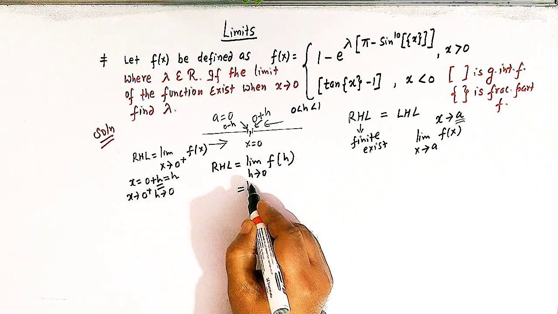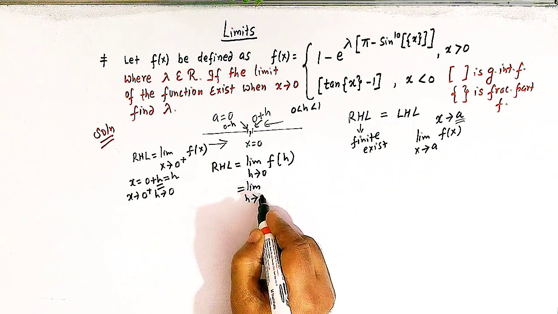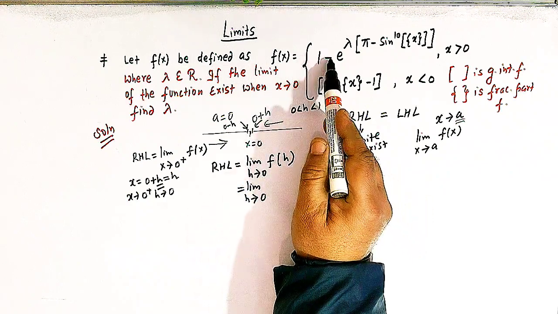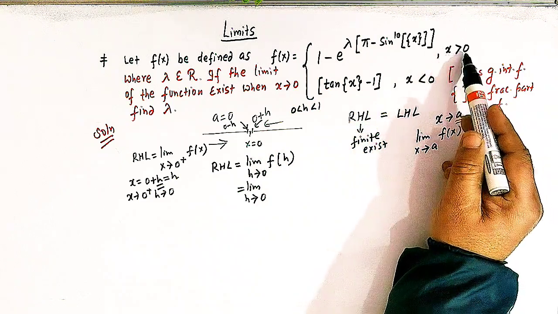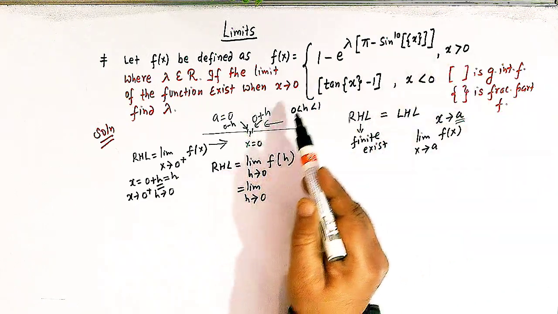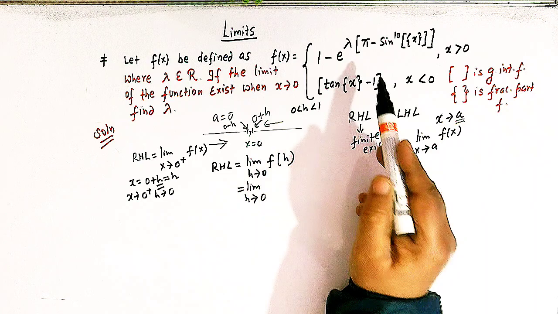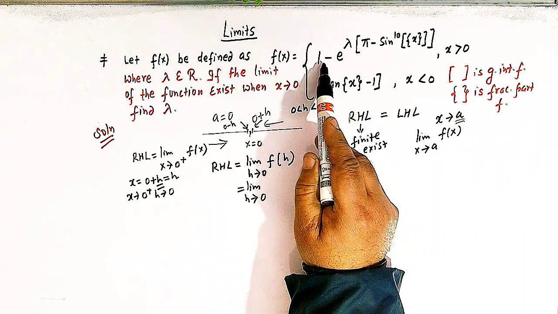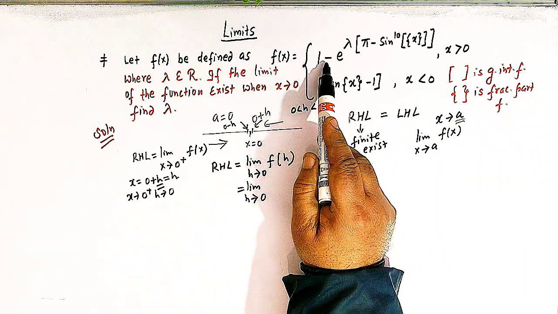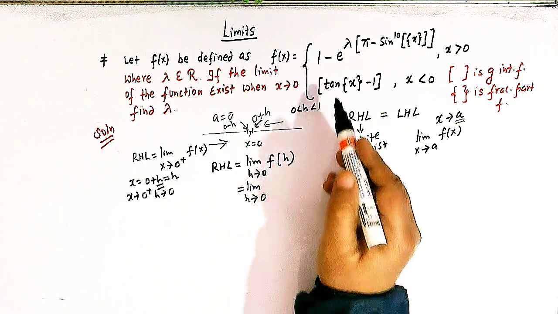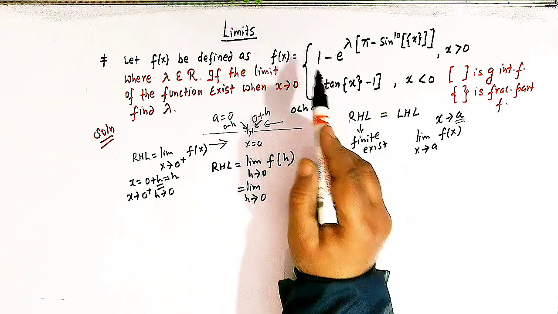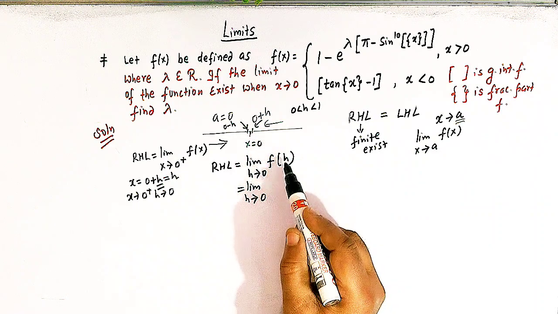Now f of h can be written with the help of this expression, because here x is greater than 0, and when we find out the right hand limit, we utilize this expression for f of x. So f of h may be written by replacing x by h.